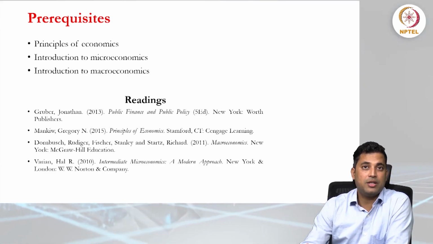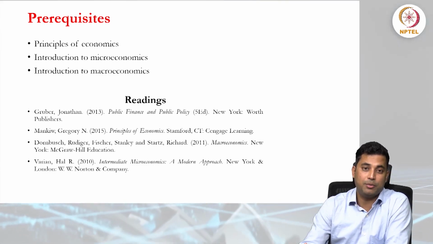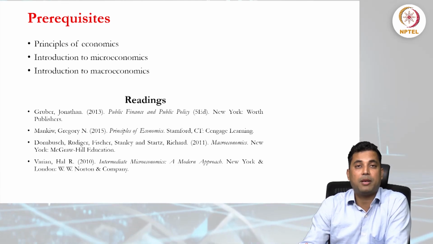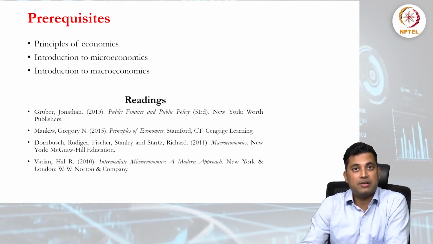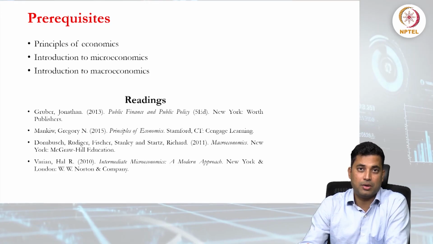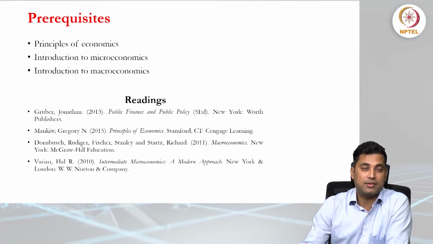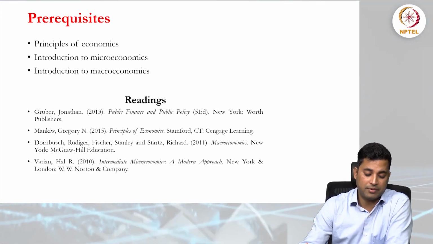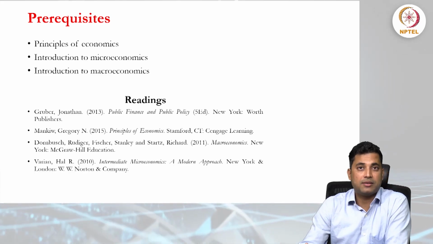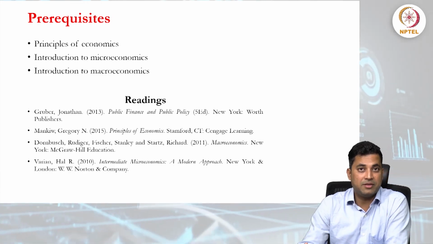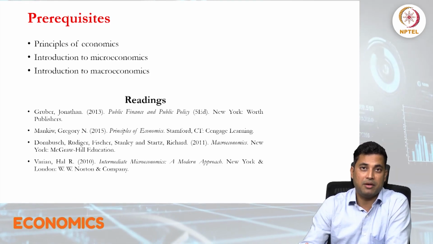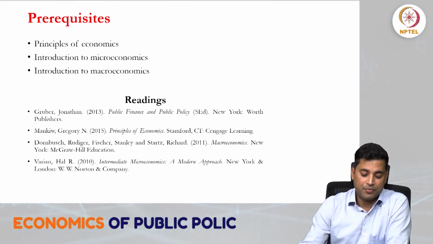The initial few chapters from Jonathan Gruber's book on public finance and public policy will be immensely helpful for students to understand the economics of public policy. Some of the principles, especially the 10 principles of economics, can be reviewed from Mankiw.